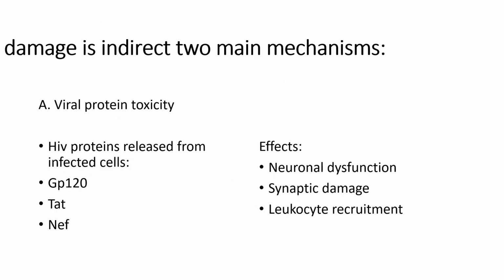The damage to the neurons is by two indirect mechanisms. The first one is viral protein toxicity. HIV proteins released from infected cells, which are GP120, TAT, and NEF, cause neuronal dysfunction, synaptic damage, and leukocyte recruitment.